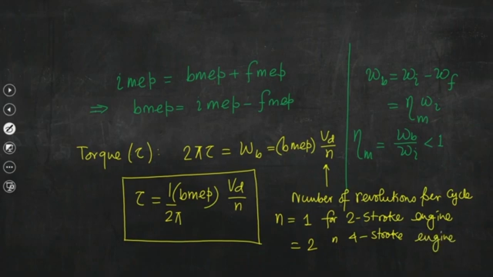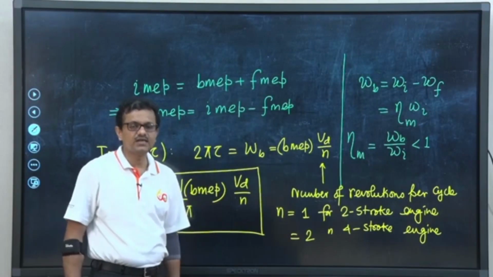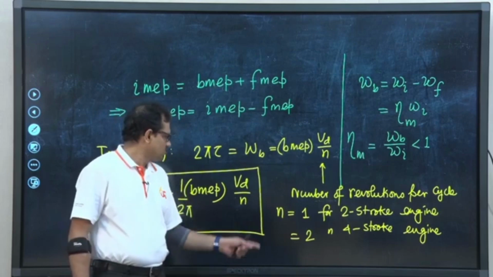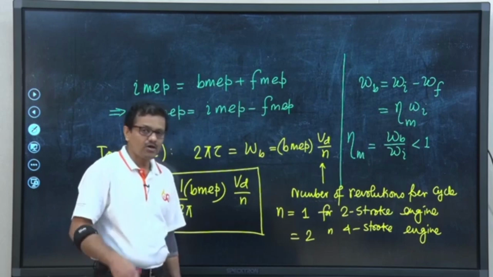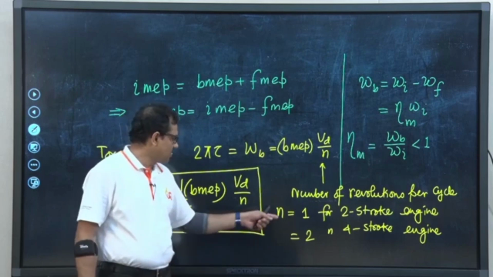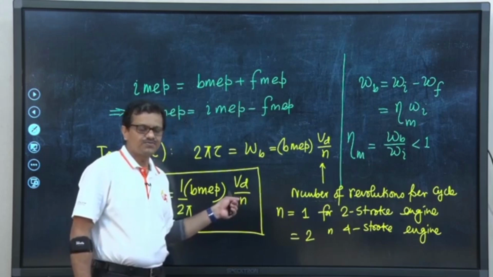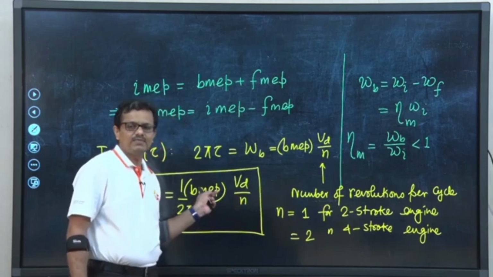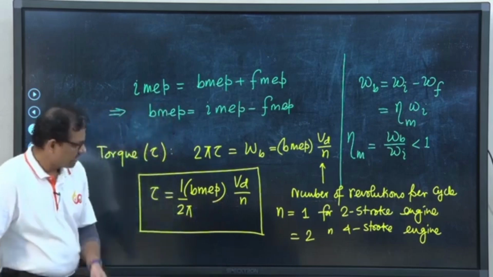Because for 4 stroke cycle engines, we have seen there are 2 revolutions per cycle of the crankshaft. So, n equal to 1 for the 2 stroke. If it is 4 stroke, that would be 1 upon 4 pi brake mean effective pressure into VD. Okay. So, this is what we have written.